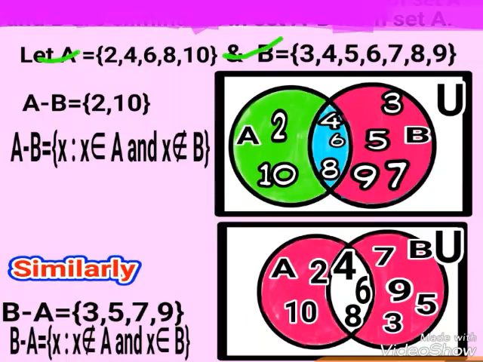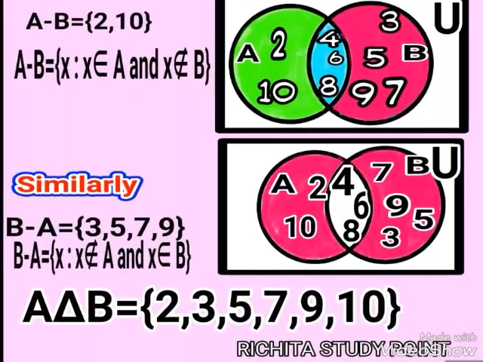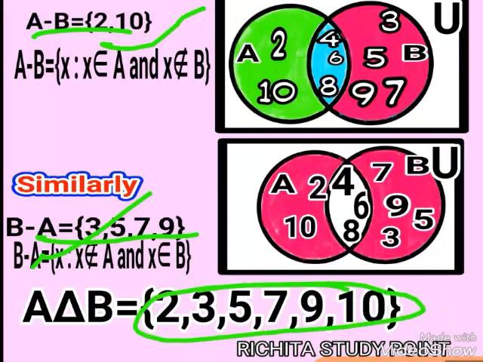At first we calculate A minus B, then we calculate B minus A. Then we can easily find A symmetric difference B, which is the union of A minus B and B minus A. The union of A minus B and B minus A contains all the elements of A minus B and B minus A, which is the symmetric difference of A and B. The symmetric difference of A and B is shown in this Venn diagram by this whole red portion.